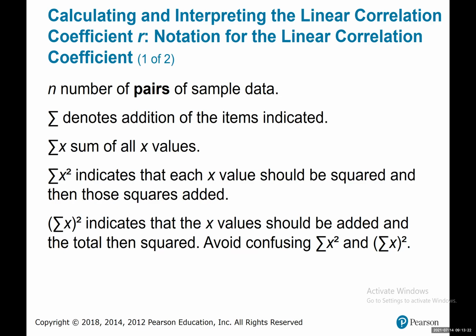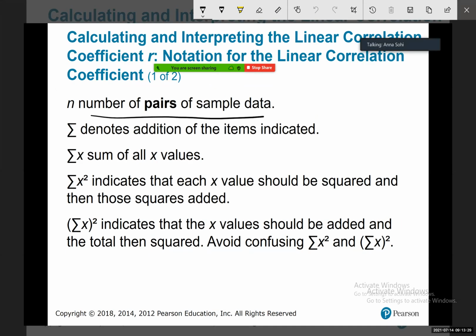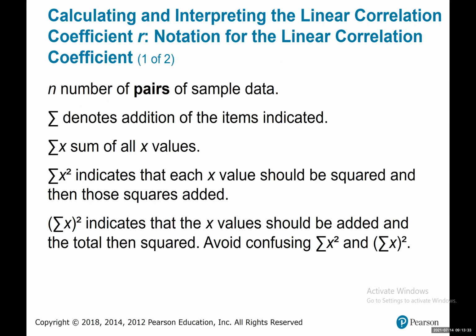So we are not using much of these notations except n, which is the number of pairs of samples. So we're going to do a test here. We're going to test if there is a correlation or there is not a correlation.